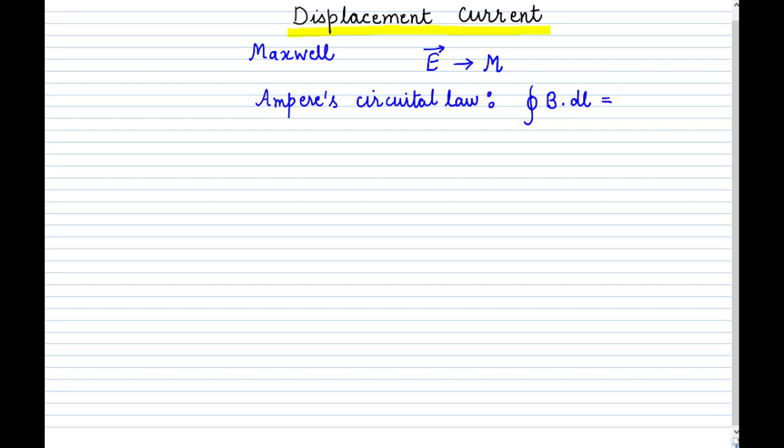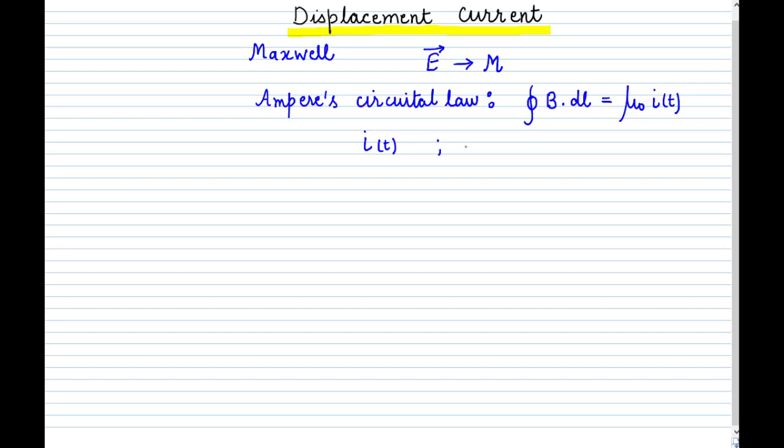This is equal to mu naught times the current which is flowing and varying with time t. So this is our simple Ampere's circuital law, B dot dl is equal to mu naught I, and here I is a function of t. So from here we can say that our electric current I is a function of time.